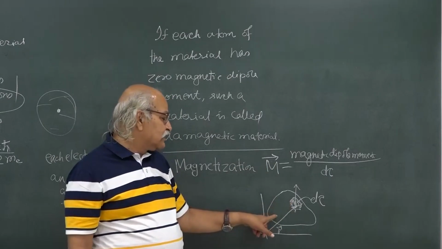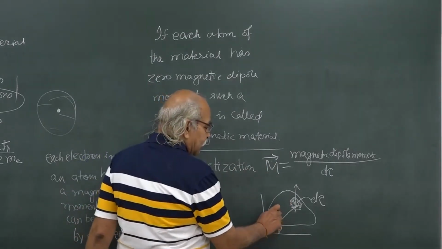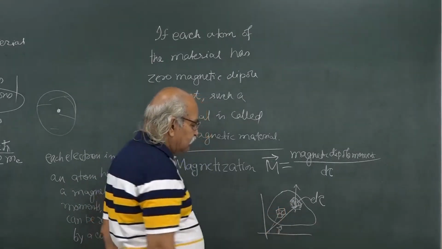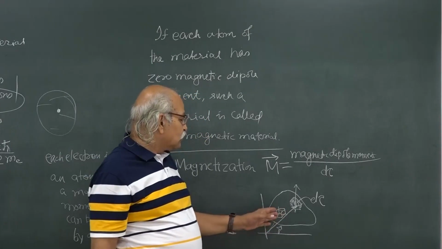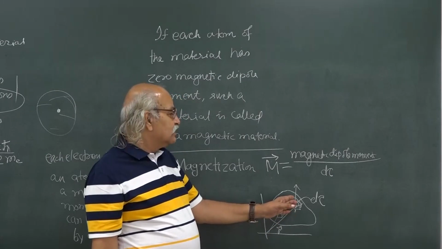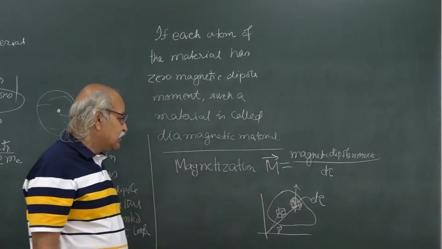At different points it can be different. If you take a point here and construct a similar small volume, then maybe this total magnetic moment is different from this, or maybe it is equal. So, in general it will vary, and this is known as magnetization.